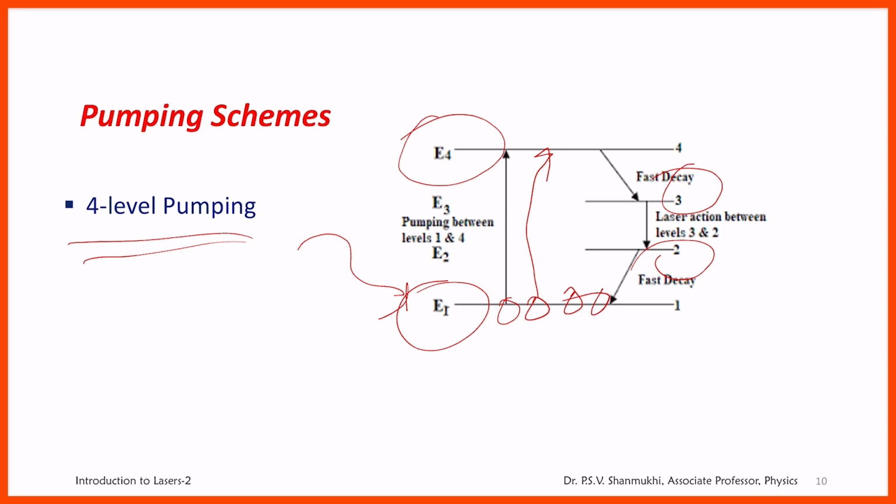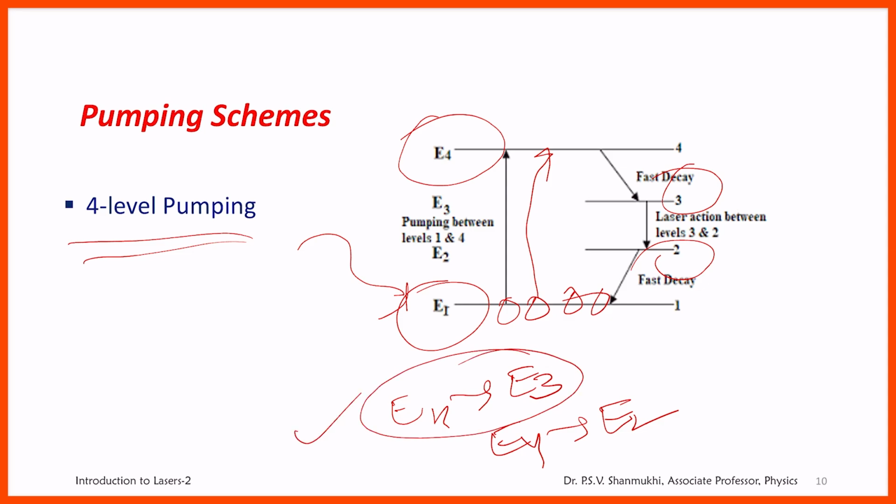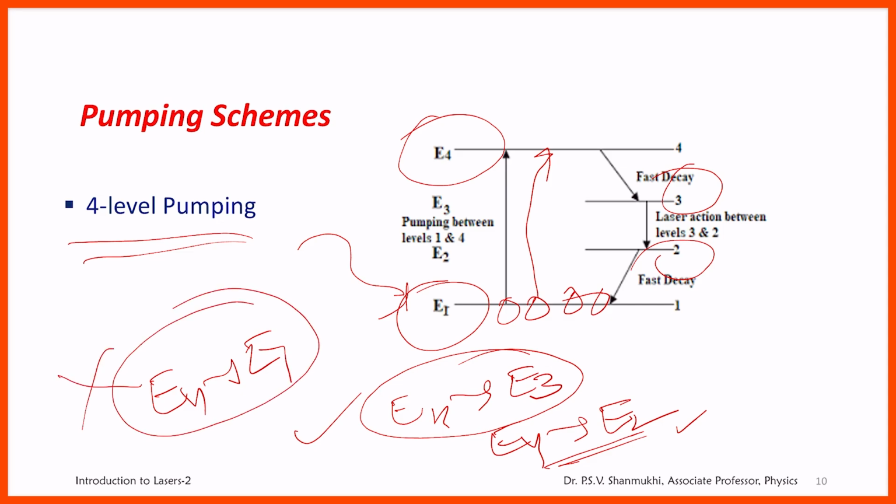You observe some transitions possible here, E4 to E3, E4 to E2. Generally, the E4 to E3 transition occurs in general. The E4 to E2 transition is a very rare transition. But the E4 to E1 transition is not at all possible. They cannot come to the ground state directly by releasing that much energy. If they release that much energy, the system will blast.